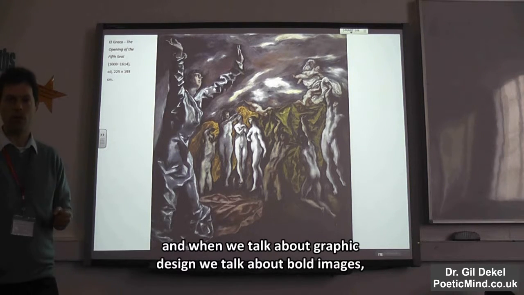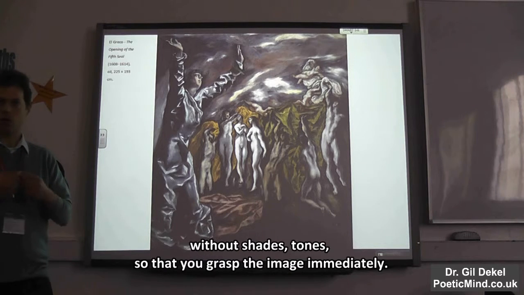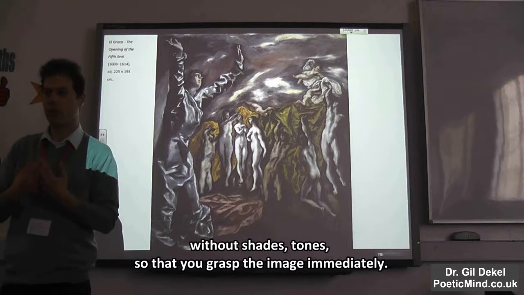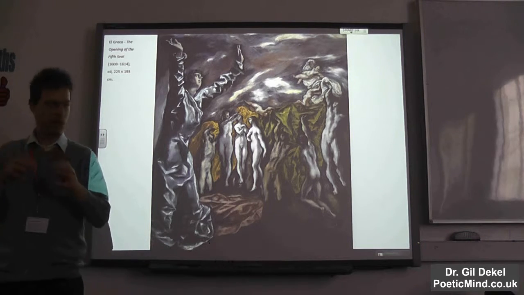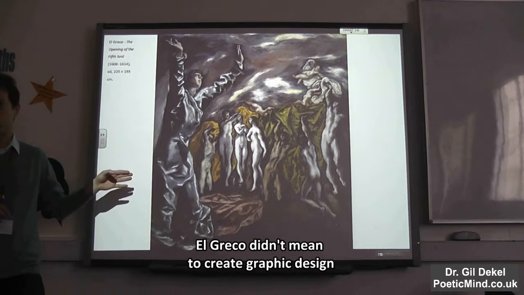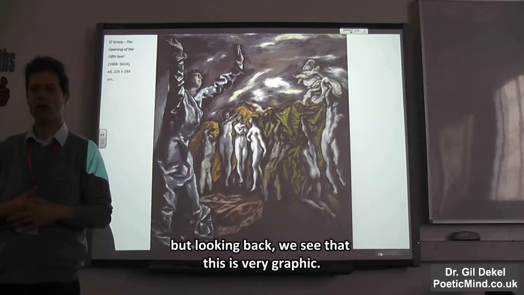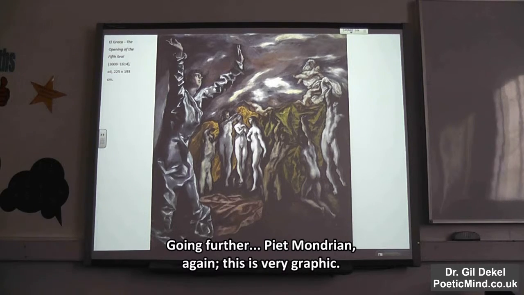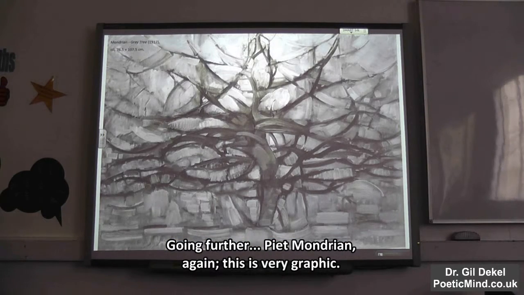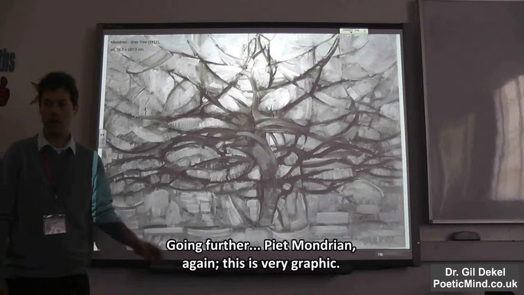And when we talk about graphic design, we talk about bold images, not without shades. So you grasp the image immediately. You don't need to think a lot. That's one of the first. He didn't mean to do any graphic design or anything, but when we look back, we say that is very inspirational for graphic designers. And going further, with Piet Mondrian, again, this is very graphic.